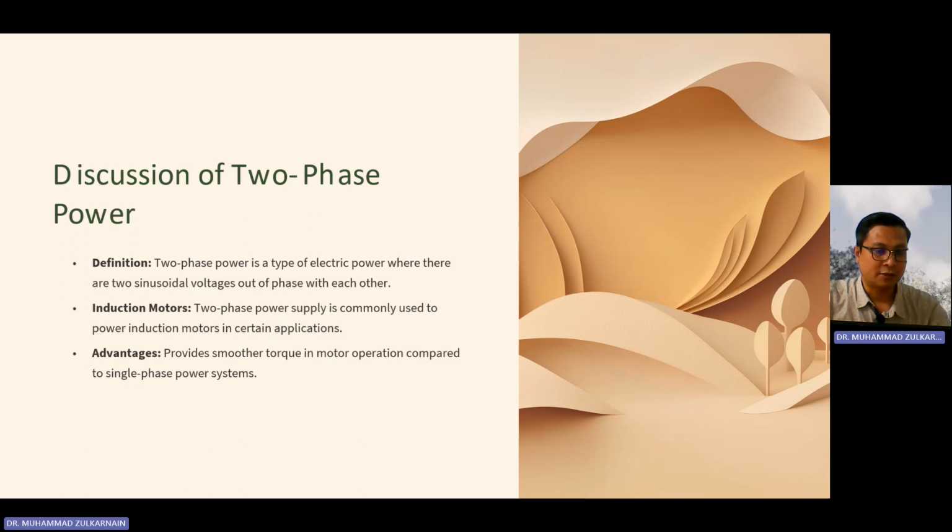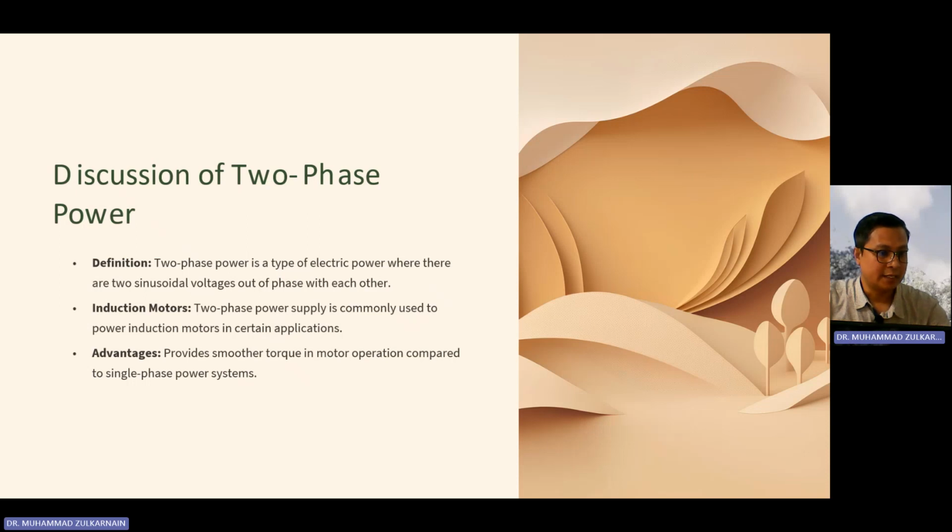Last time I already introduced the figure of the structure of the two-phase, where we have two poles, north and south, and two winding systems at 180 degrees from each other, meaning half of the circle. And when it meets the pole, there will be induction into the system.